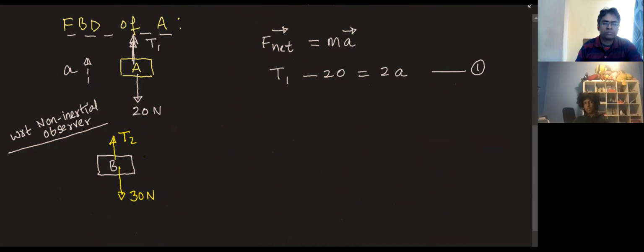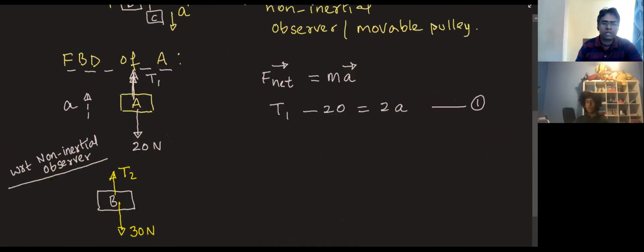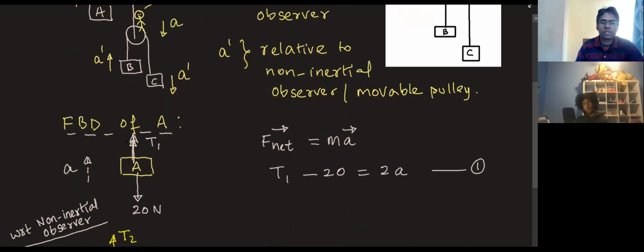Remember, I was stressing on this non-inertial observer point. The other tension force is not directly connected to B. As far as the pseudo force is considered, do you remember how to apply pseudo force?